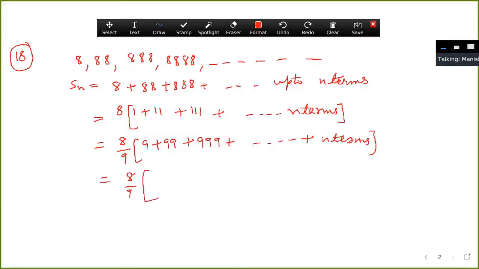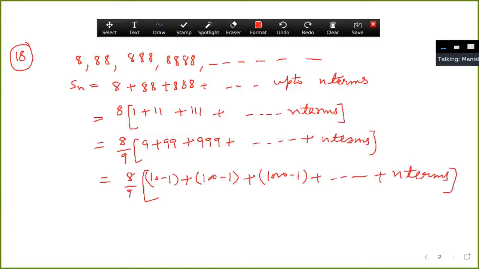You can write 9 as 10 minus 1, 99 as 100 minus 1, and 999 as 1000 minus 1, up to n terms.